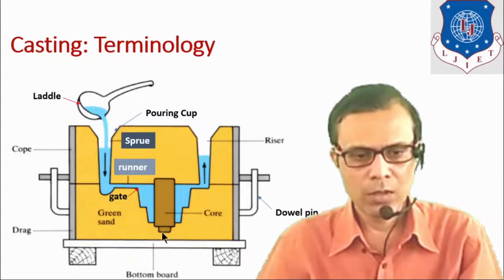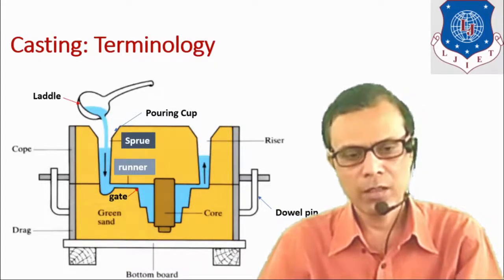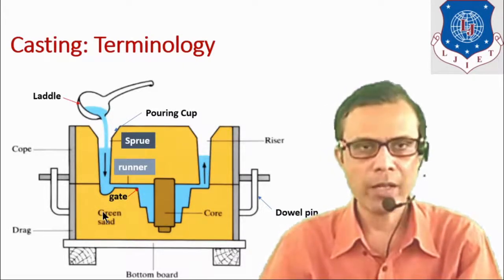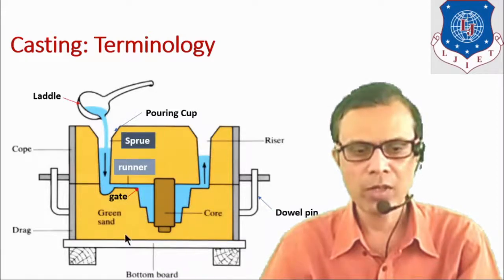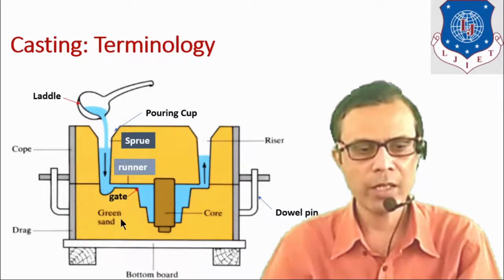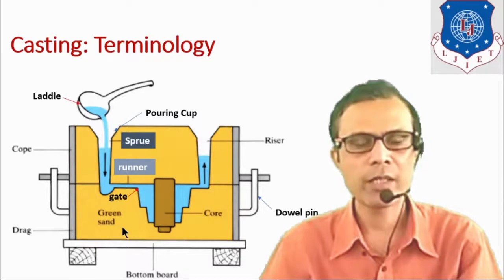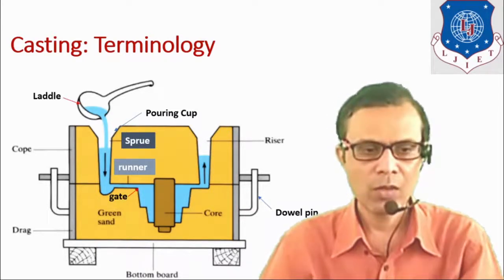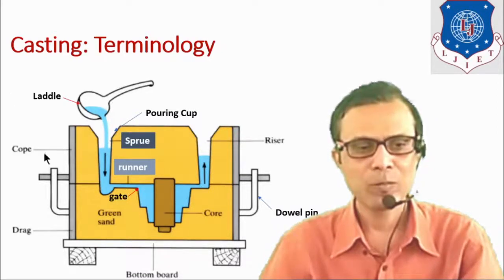Now this pattern is fixed in this drag portion. Around the pattern the sand is rammed. It is known as a molding sand. So here it is shown by this brown color in both cope and drag. Actually it is a sectional front view of this setup. So we can see all the parts easily.